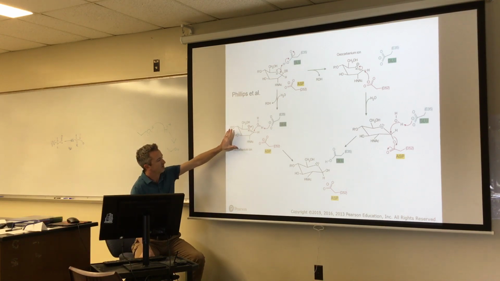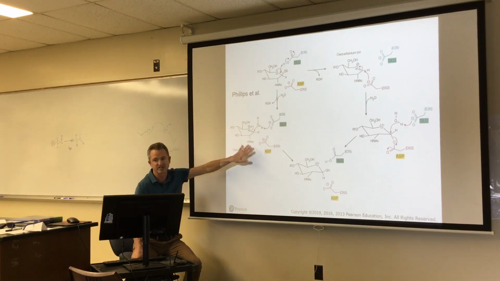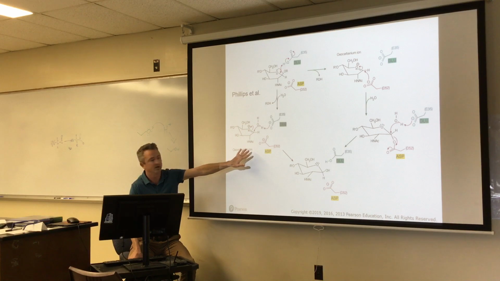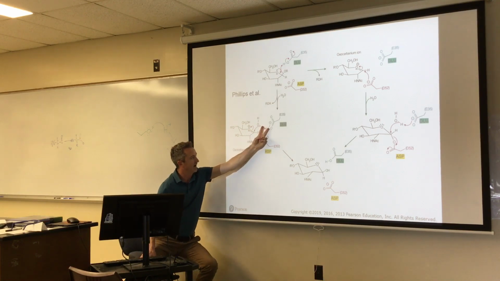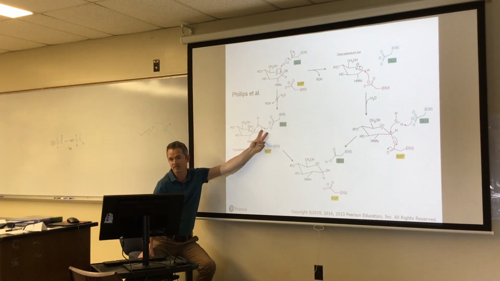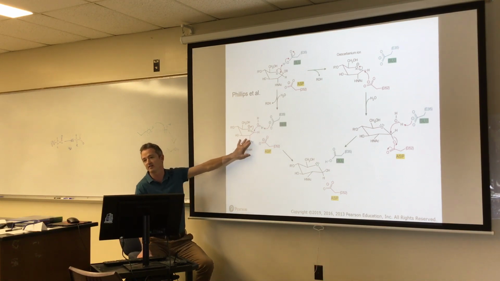And Phillips proposed that this was an electrostatic type of interaction, even though there were acid-base type reactions and stabilizations happening within this particular mechanism. He proposed that there were electrostatic interactions that stabilized the oxocarbenium intermediate.